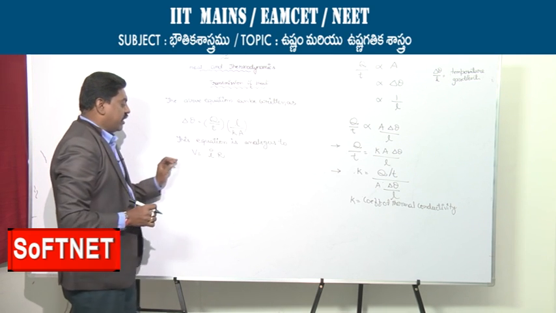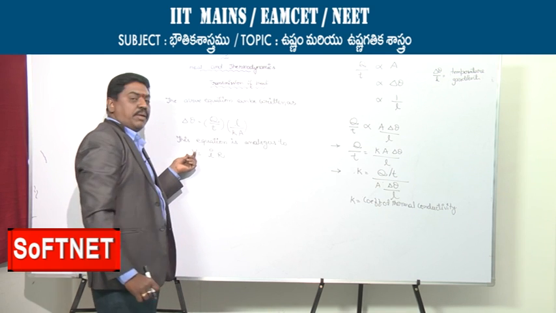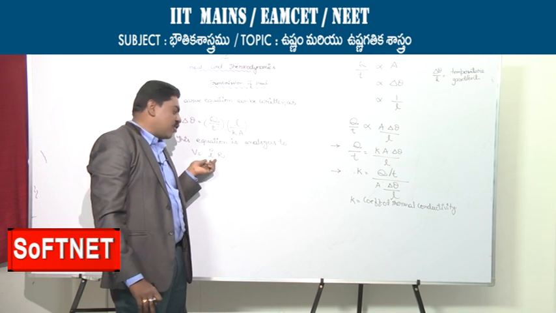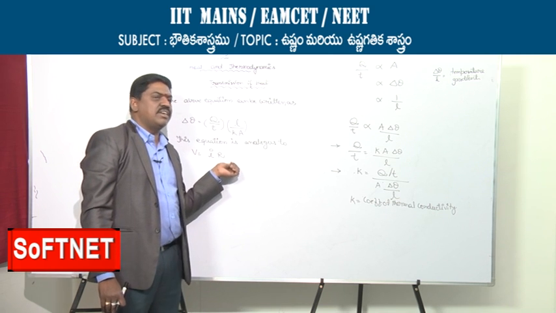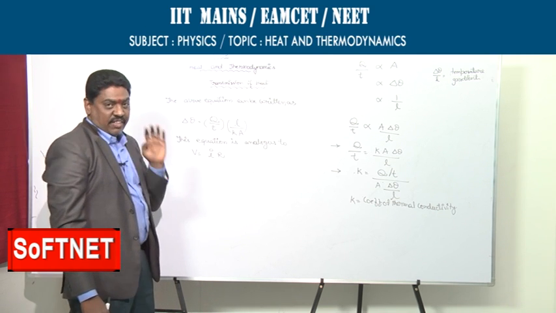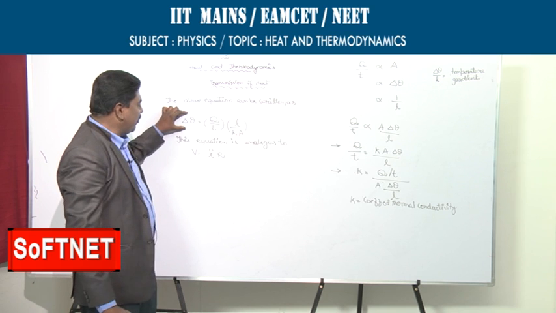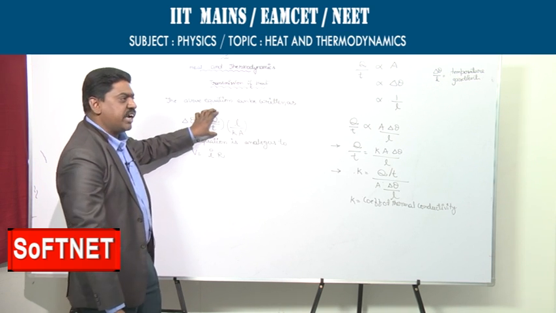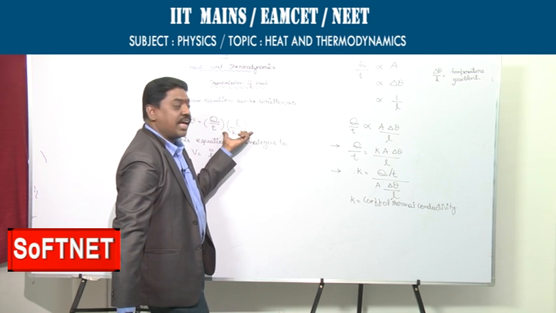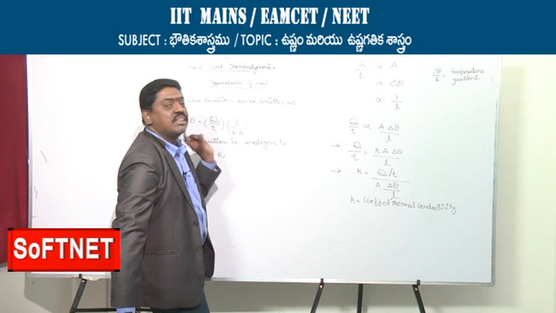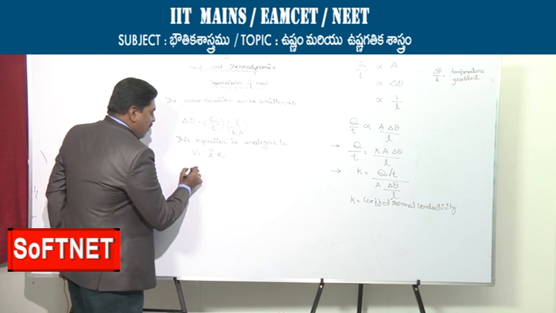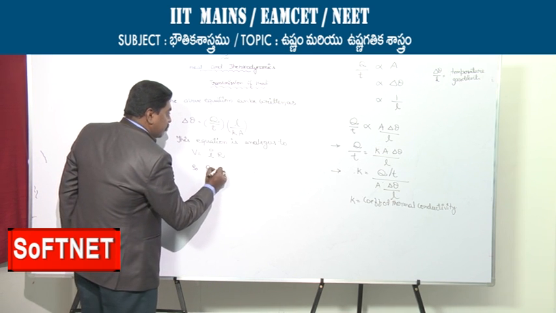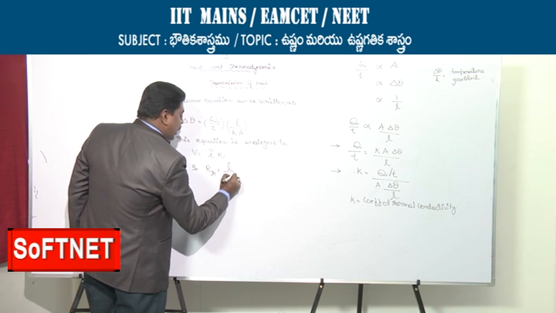Here, in the case of V is equal to IR, V represents potential difference, I represents rate of flow of charge, R represents electrical resistance. In the same manner, delta theta represents temperature difference, Q by T represents rate of heat flow, and L by KA represents thermal resistance. So thermal resistance R TH is given as L by KA.